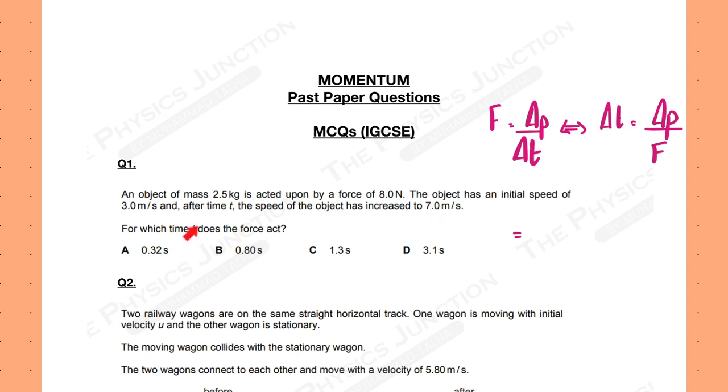This is its final speed, this is its initial speed, so I can use mv minus mu for the numerator. Again, I can also factor out the mass as it is common. So 2.5 times v minus u divided by the force, which is 8 newtons, gives me my answer, which would be 1.25, or correct to 2SF, that's 1.3.